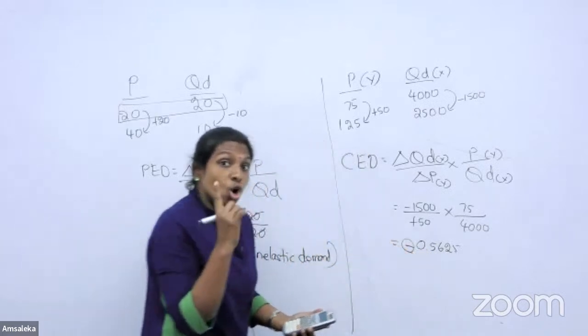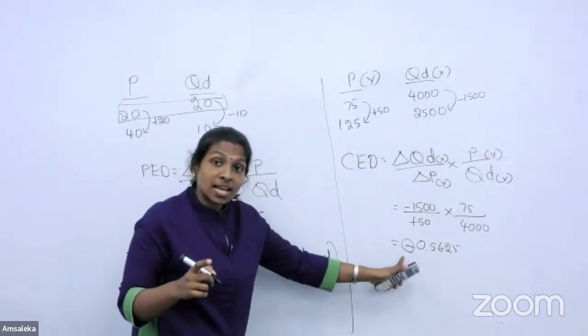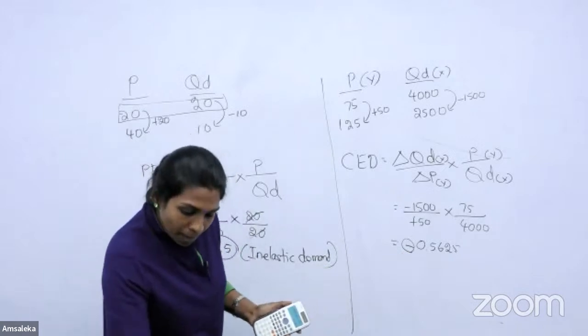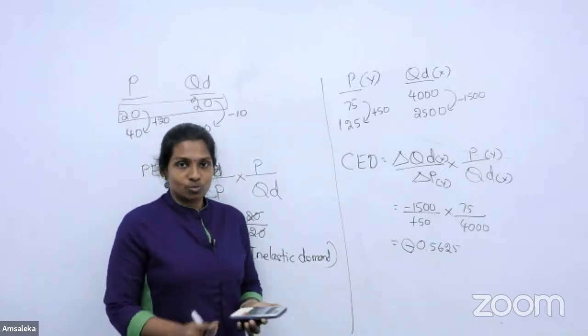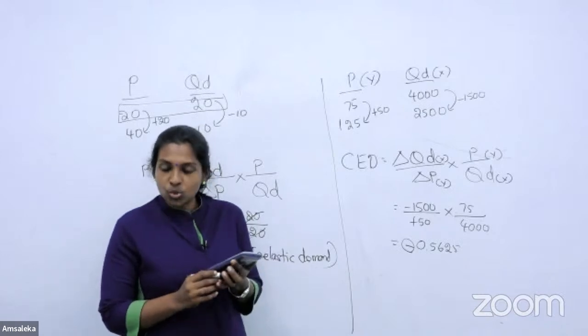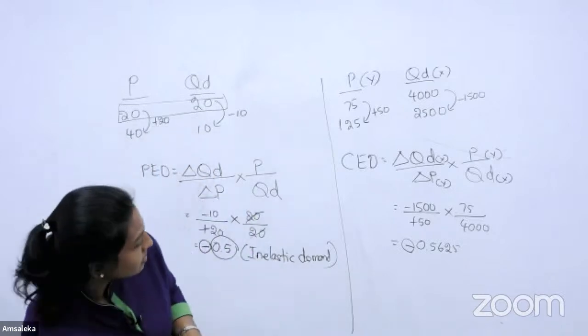Minus, why did I say complementary good? Minus comes, a plus answer never comes. So minus 0.5625, your answer is number 2.